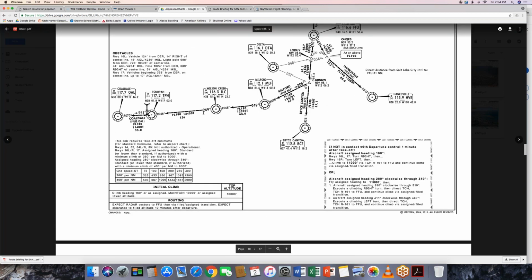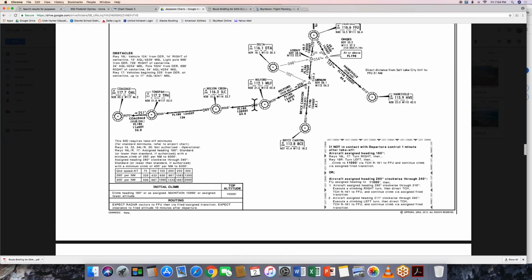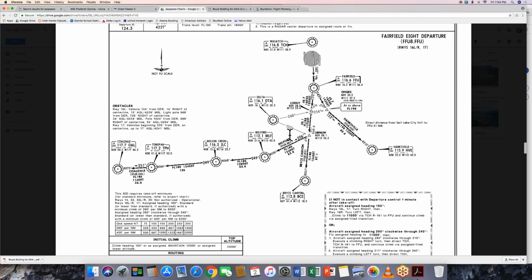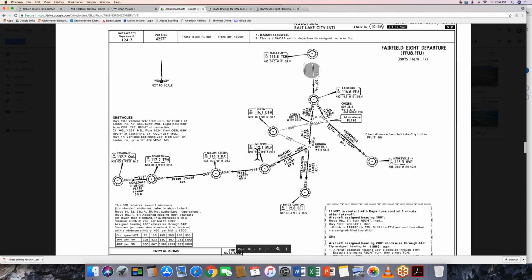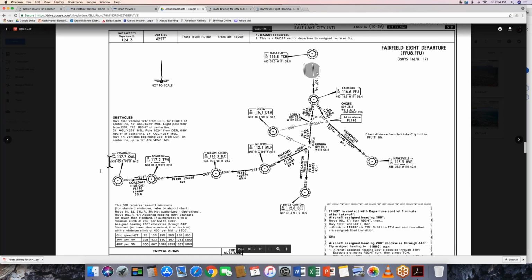But if you notice here, we could technically use this. Jamin spits us out at MLF and BCE. It's just this one continues, this transition is actually Coldell. But we could technically use this arrival.